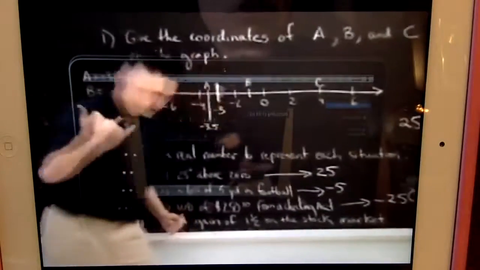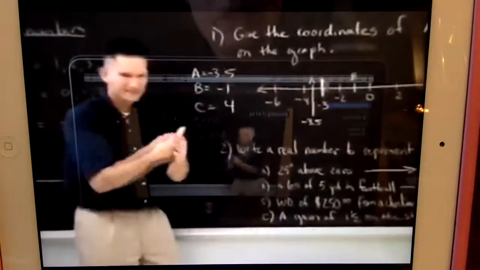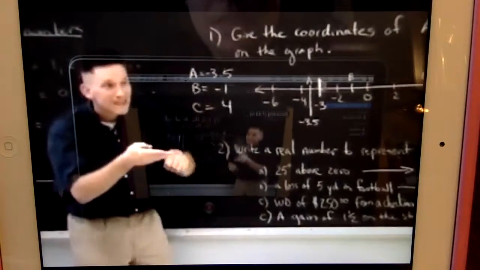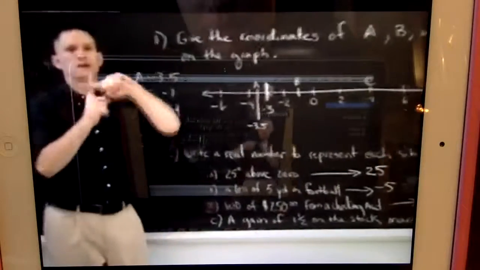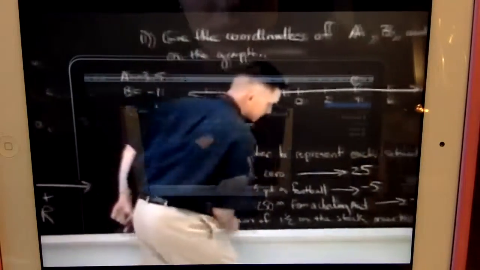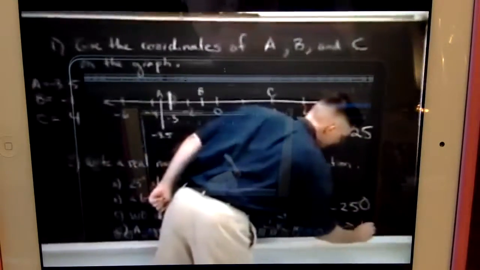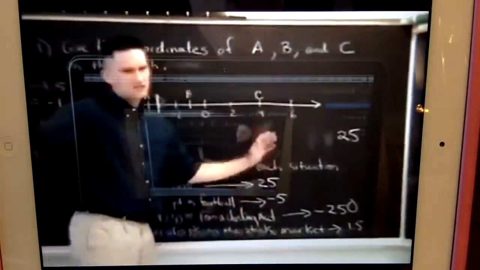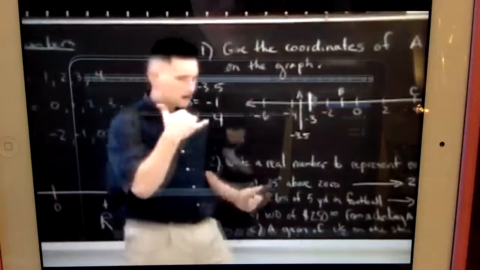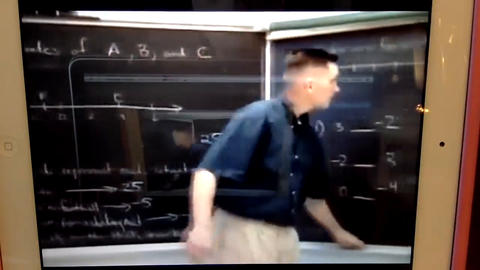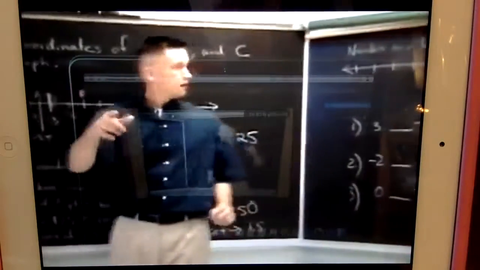And if I'm putting in or adding to, that would be a positive number. So now C. A gain of 1.5. That would be 1.5. Correct. Done. Guys all get it? Any confusion? No? Okay, I'll move on.